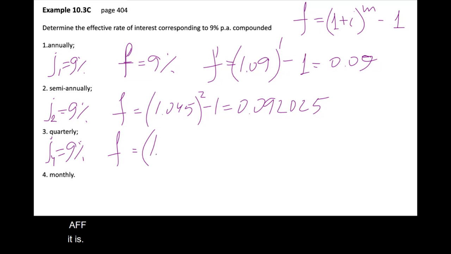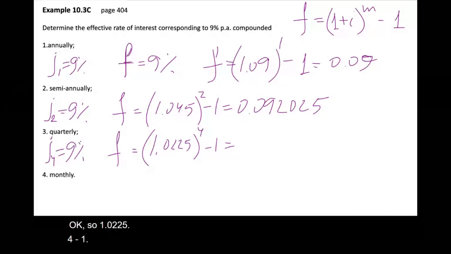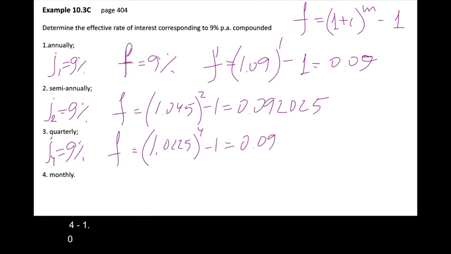Okay, so 1.0225 exponent 4 minus 1. 0.093083319.